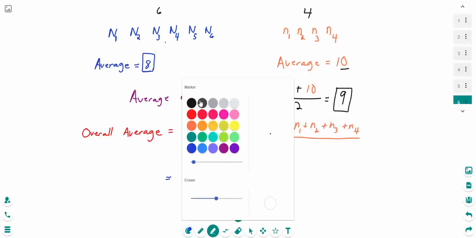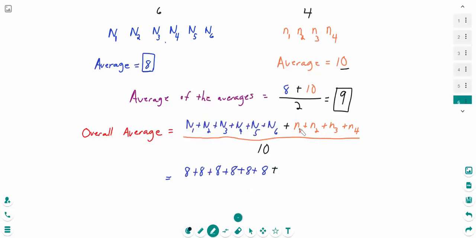And then I'm adding that to these lowercase n's whose average is a 10. So I can replace all of these lowercases with a 10. So n sub 1 is a 10 plus another 10 and another 10 and another 10, 4 times. All of this would then still be divided by the 10. So I could add all this up, or I could just simply say, what's 8 times 6? Well, 8 times 6 is 48. What's 10 times 4? That's 40, right?